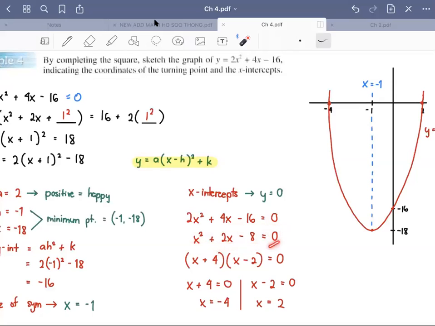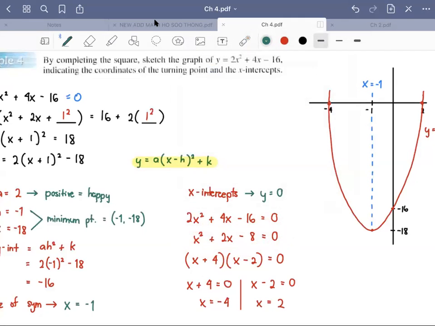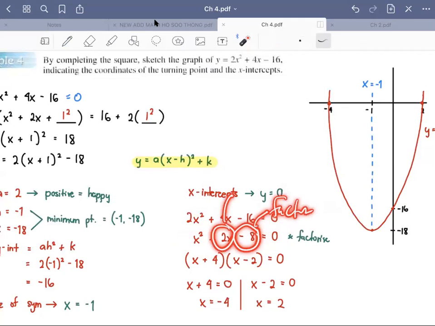What did I do after this? I factorized, since this is much simpler and faster than using the quadratic formula. What are the factors of -8 whose sum is +2?